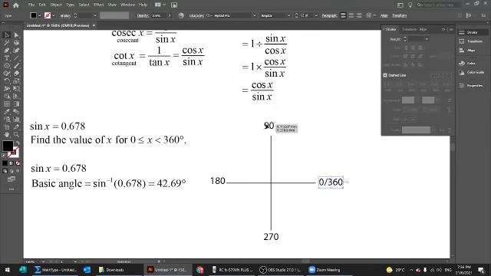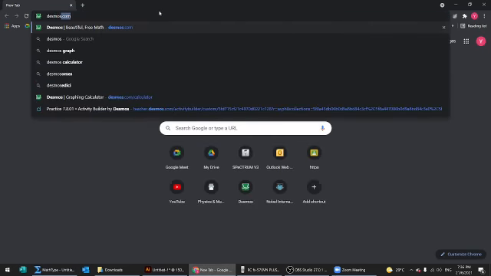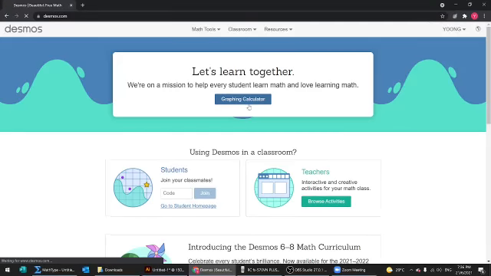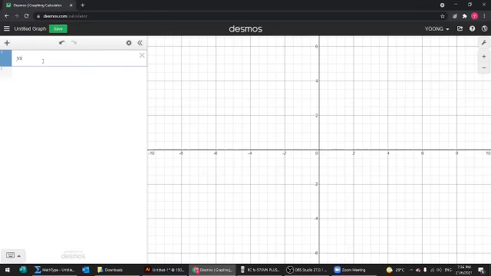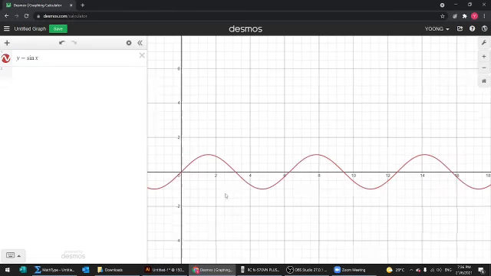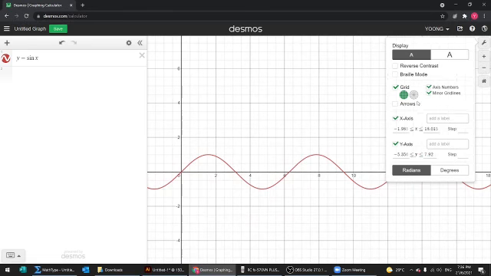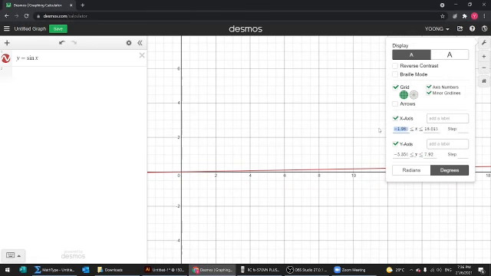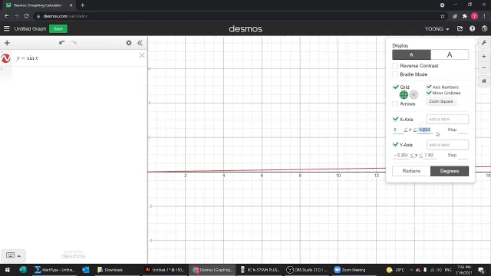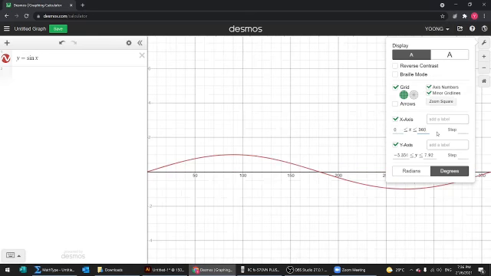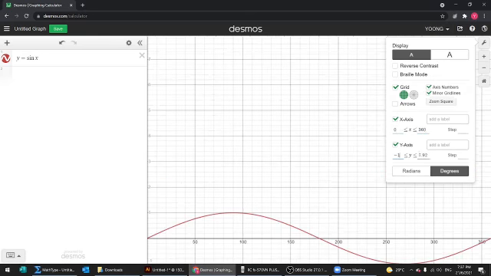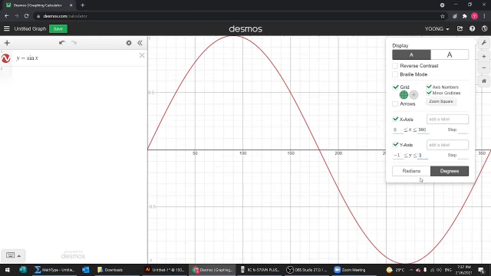We will always refer back to our graph. I'll show you my graph. This is the sine graph. I'm looking at x from 0 to 360 only, and my y is from -1.5 to 1.5, so you can see clearly what's going on.